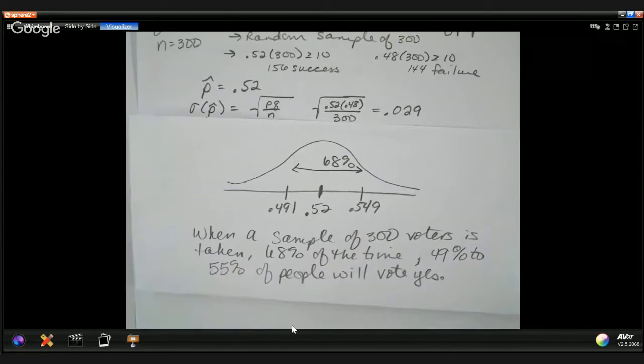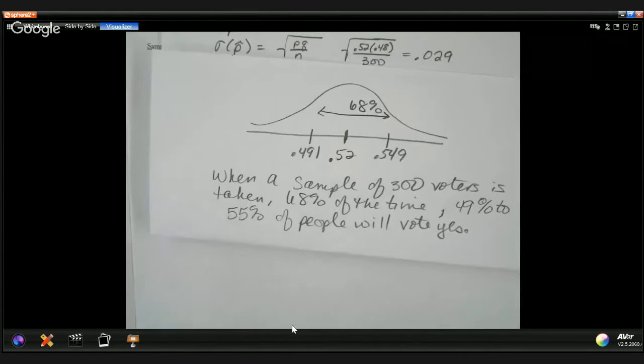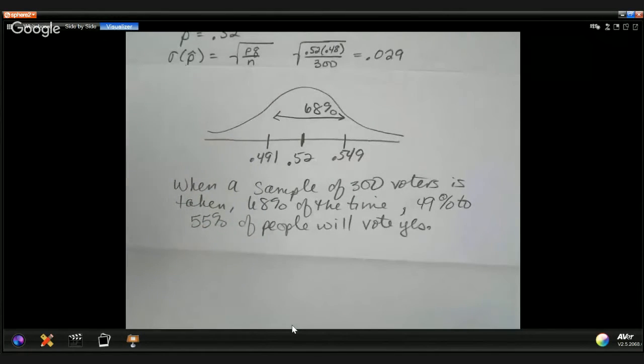Okay. So again, it's not saying 68% of the people, it's saying 68% of the time, because you have a lot of different samples, that the people will vote between 49 and 55% will say yes. And I just wrote these instead of writing the whole numbers. I just abbreviated for the summary, which you could do when you're doing summaries.